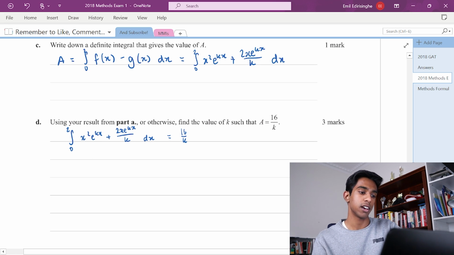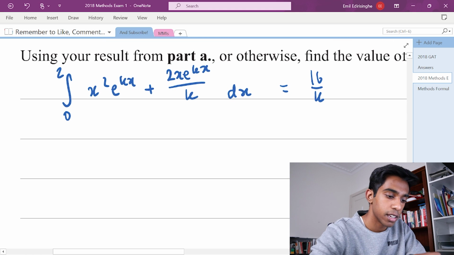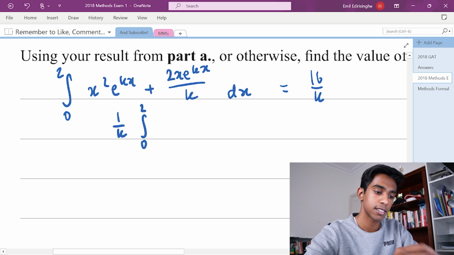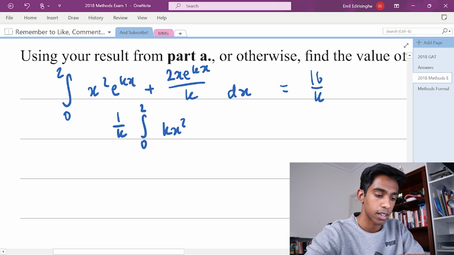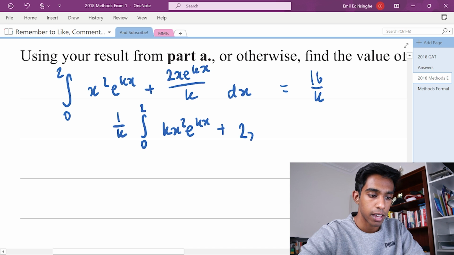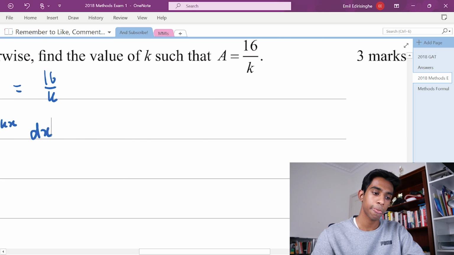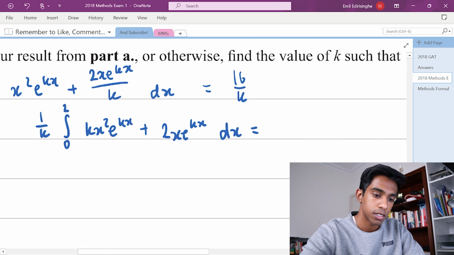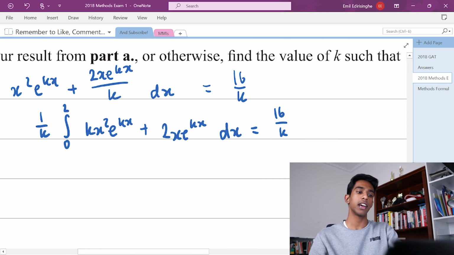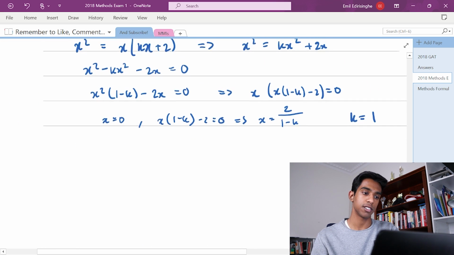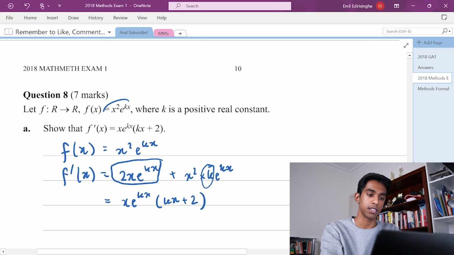So what I realize now is that we get 1 on k, integral from 0 to 2, because we're taking this k out of the brackets. So then we've got x squared e to the kx plus 2x e to the kx dx equals 16 on k. And now we can actually integrate this inside, because we know that it's just the derivative of this.